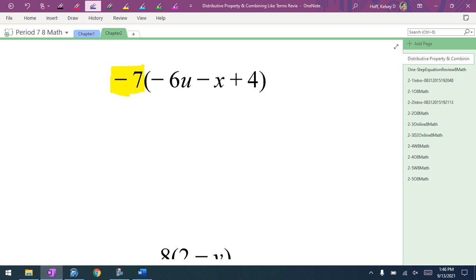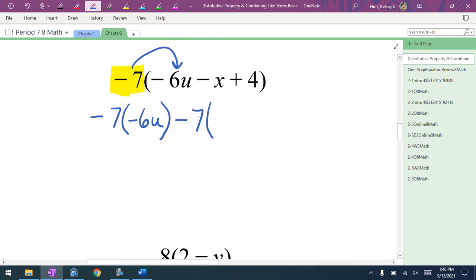So we write negative 7 times negative 6u. Then we're taking a negative 7 times negative x. I'm going to put a 1 in front of it, okay? Negative 1x.